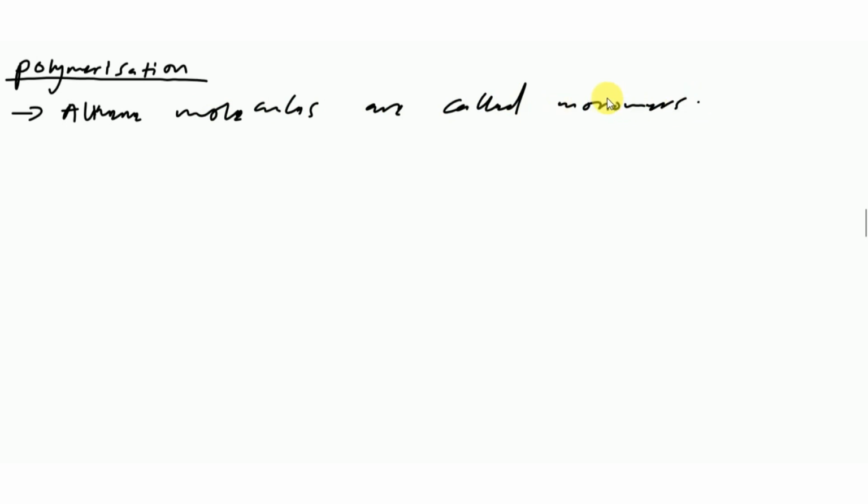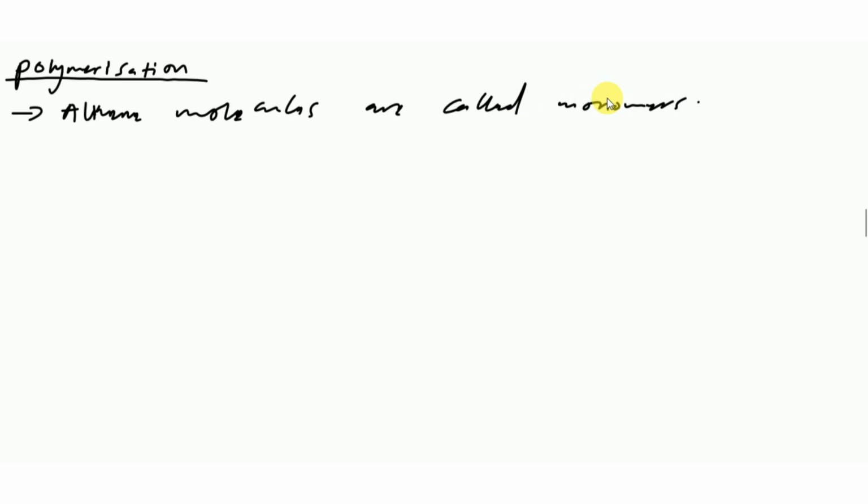So let us look at polymerization. So we are looking at polymerization under the alkenes. So the alkene molecules undergo a very useful addition reaction where they add on to each other to form compounds with very long carbon chains. So the alkene molecules are called monomers.